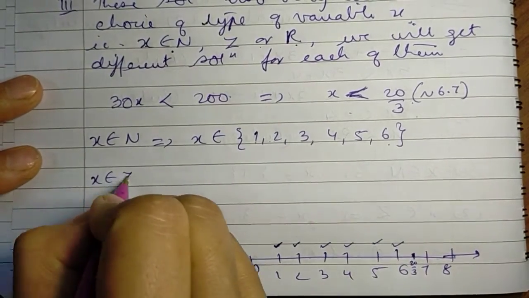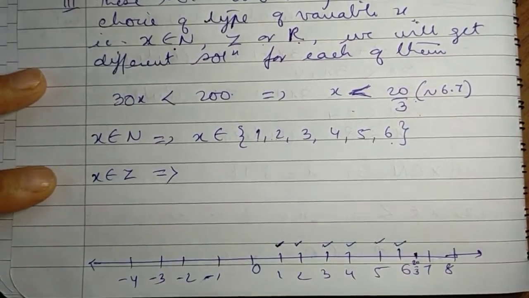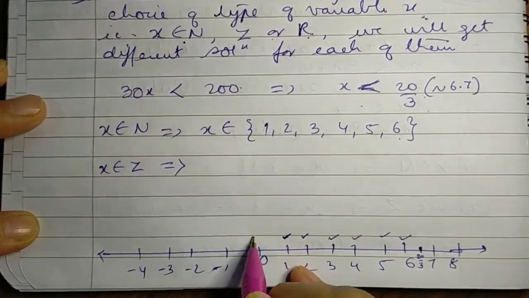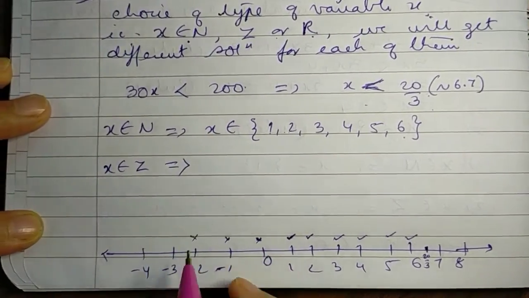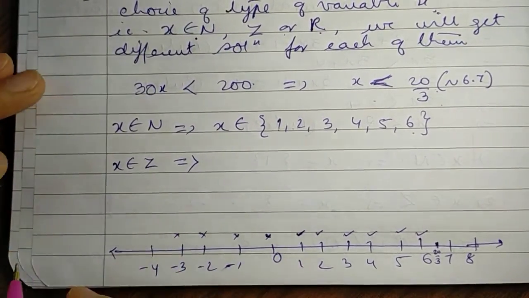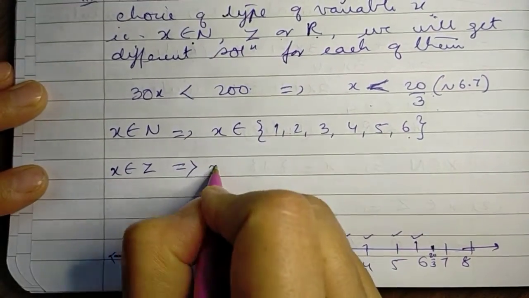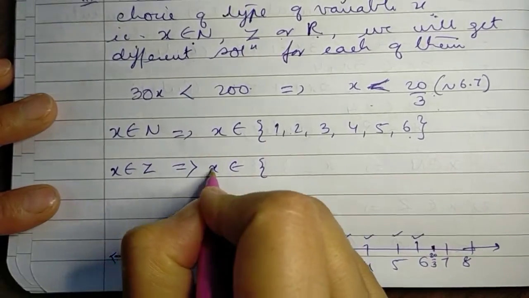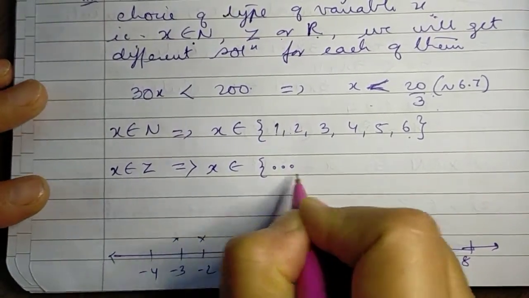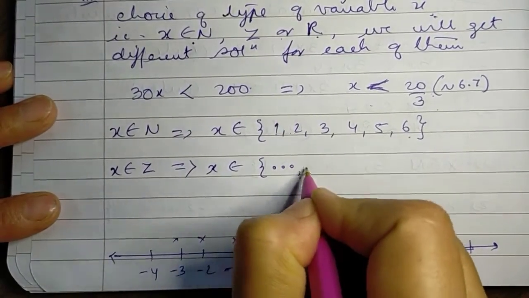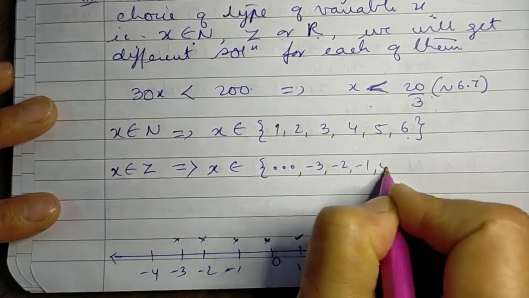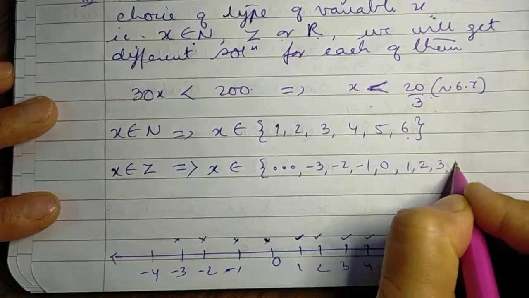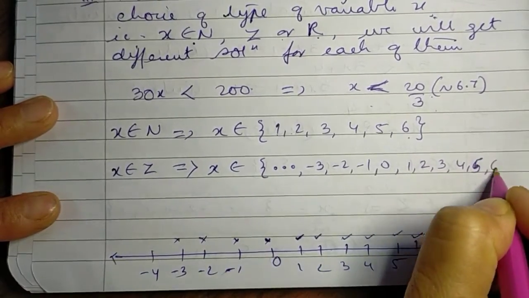Same way, if x is an integer, then along with these, it can also have 0, -1, -2, -3, and so on till -infinity. And so we write the solution set when x is an integer as three dots to indicate it goes on till minus infinity, minus 3, minus 2, minus 1, 0, and all these natural numbers which are also positive integers will also be there.